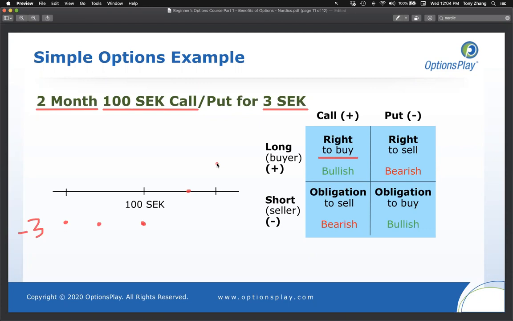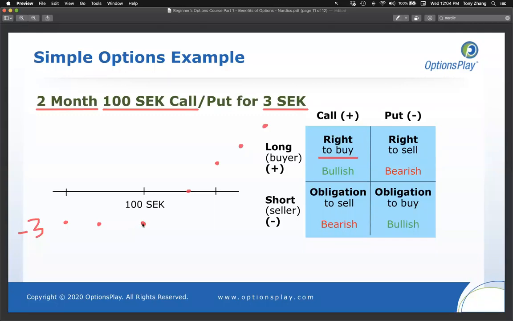So what's my net on this particular trade if the stock's at 105? Exactly, Nicholas, plus 2, right? And what you'll see is that as the stock goes higher and higher, I get to make more and more money, because I can buy the stock at 100, sell it for a higher price, and the only thing I have to take out of that equation is the 3 crowns that I paid on that call option.